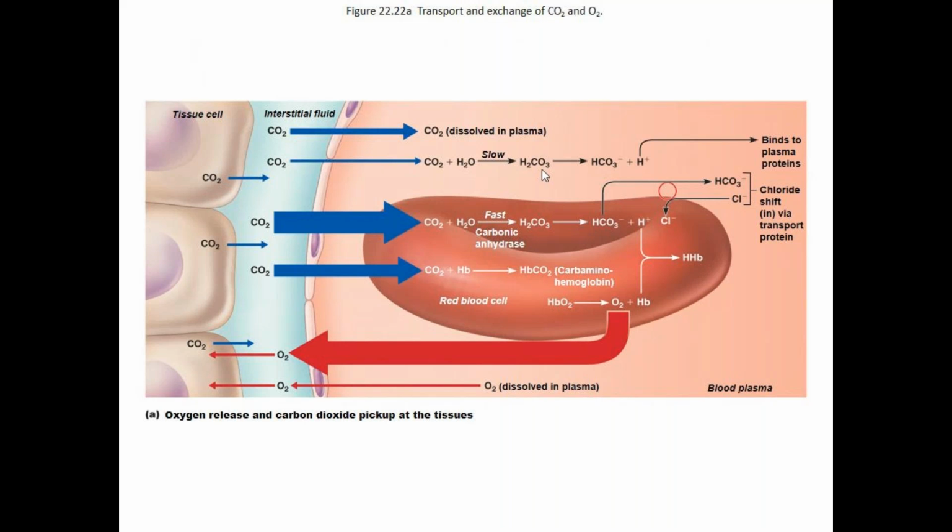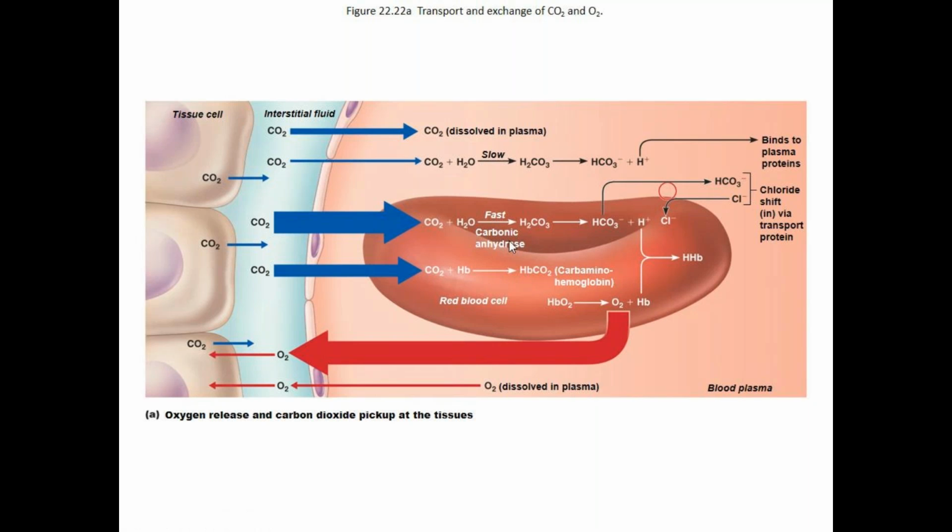Okay, and there are two means by which we can convert carbon dioxide in the presence of water to bicarbonate or carbonic acid. We have the slow pathway, which occurs outside of the red blood cell, or, and this is where most of it travels, we have the fast pathway, which occurs inside the red blood cell.